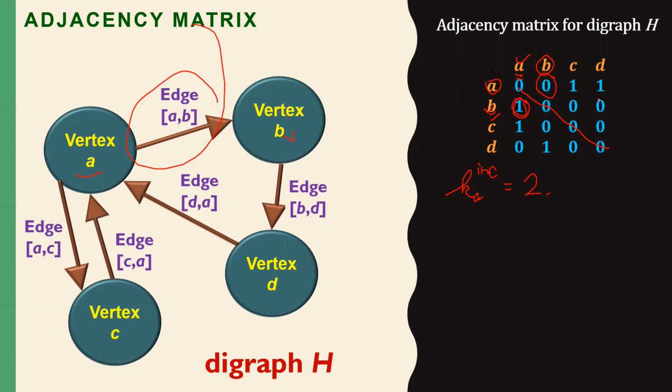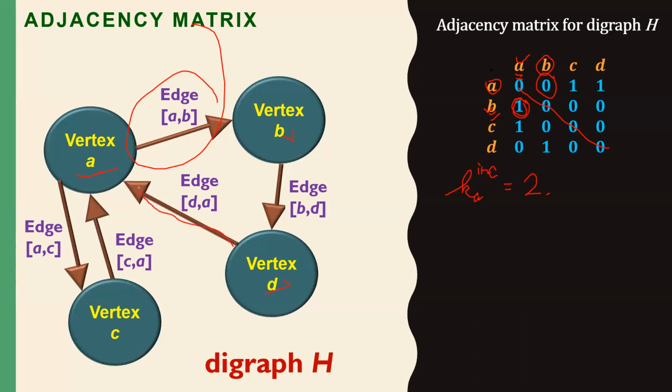Both, because we have A to C and D. If we want to see the incoming edges to A from the diagram, then we look at the row from D to A, you have 1.